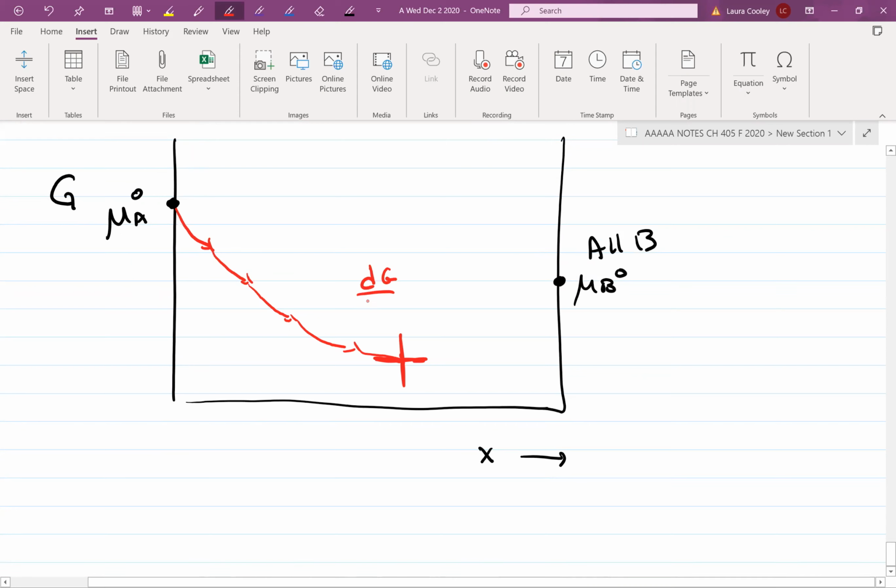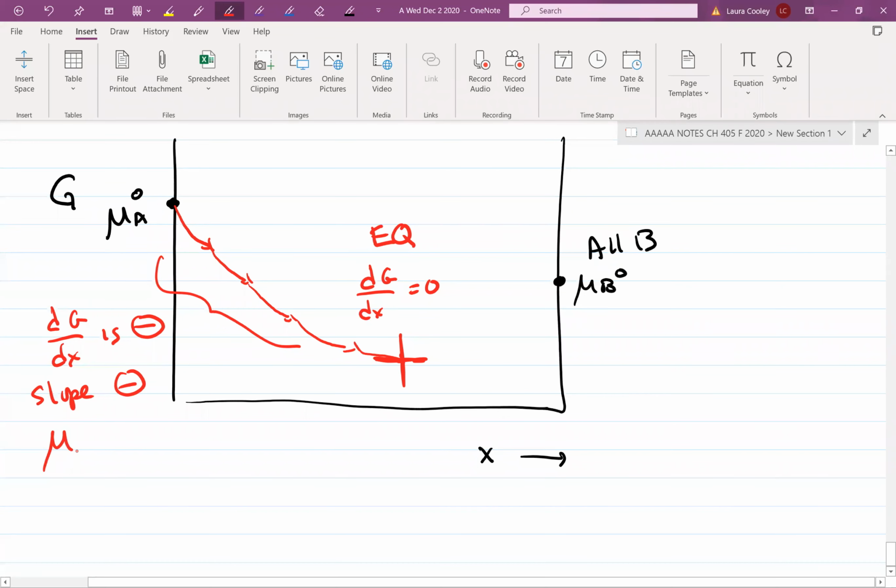This is where dG dx is equal to 0. This is equilibrium. But on this side, dG dx is negative, the slope is negative. That's because mu A is greater than mu B, as I described.